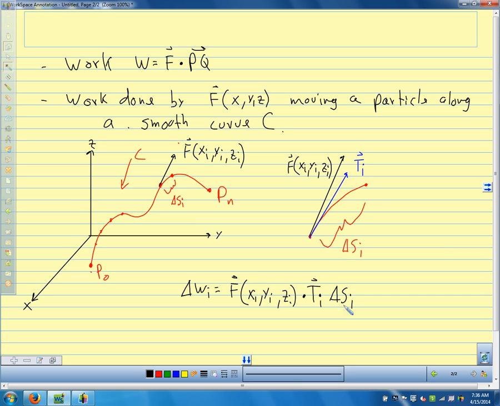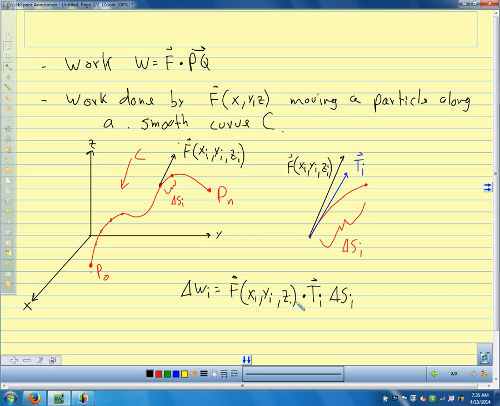We're saying this is very small, so we're assuming that we're moving essentially in a straight line. We sum this over the curve from where we start to where we finish. We take the limit as delta s sub i approaches 0. So this is our familiar argument by now. And we arrive at our definition of our line integral for a vector field.